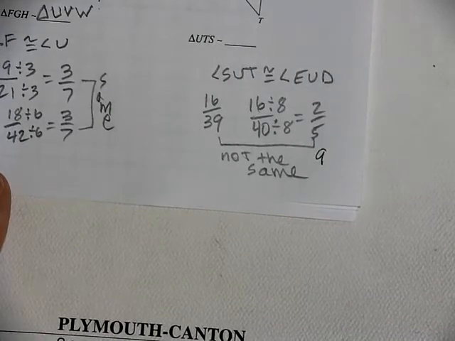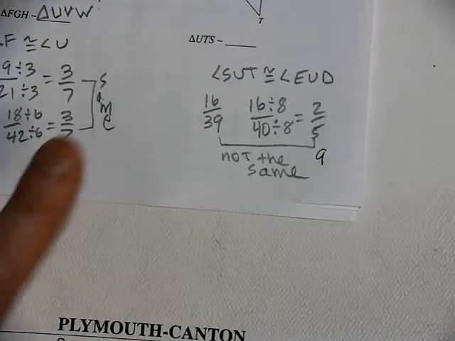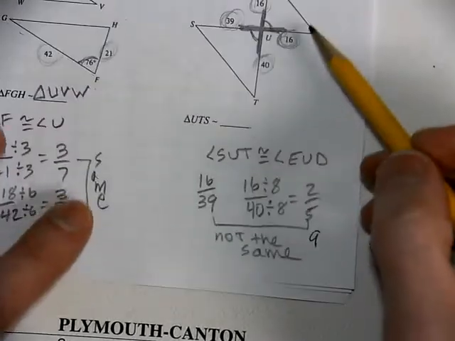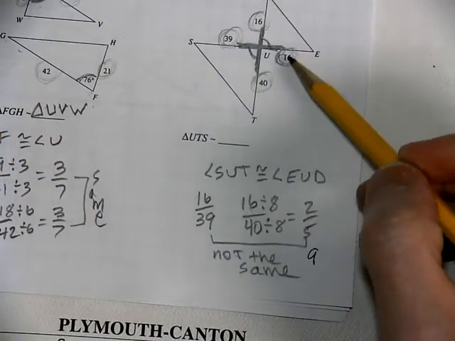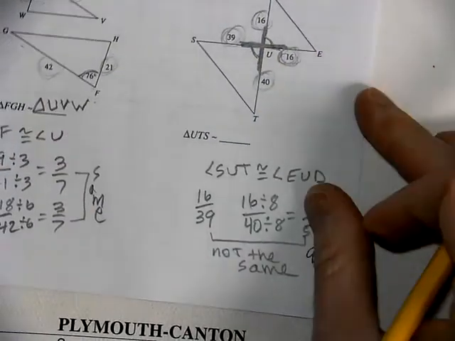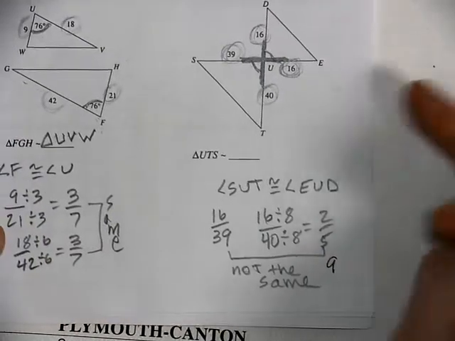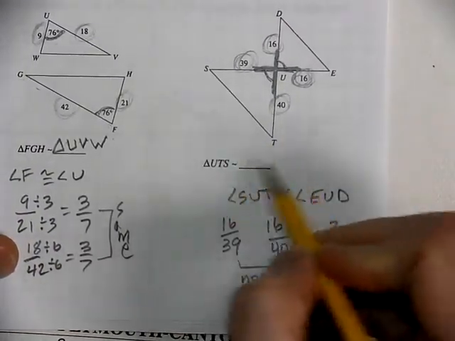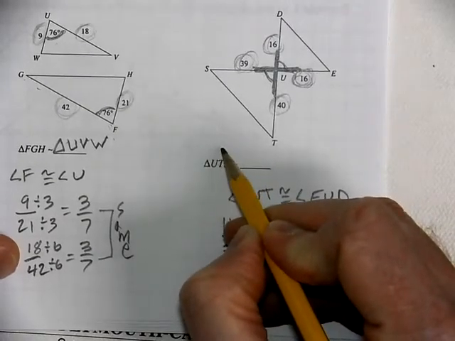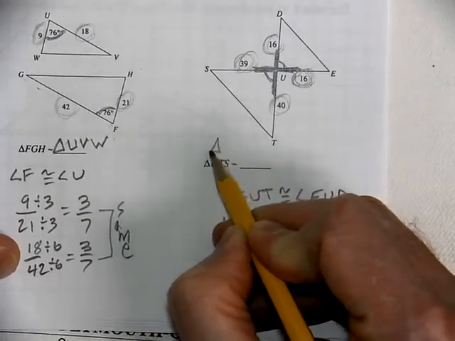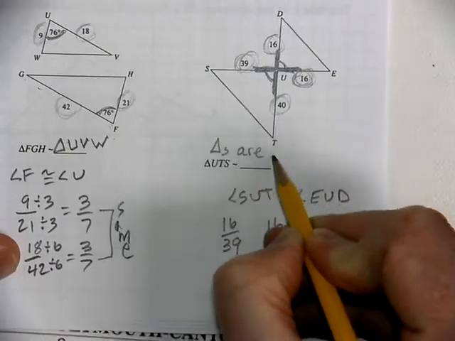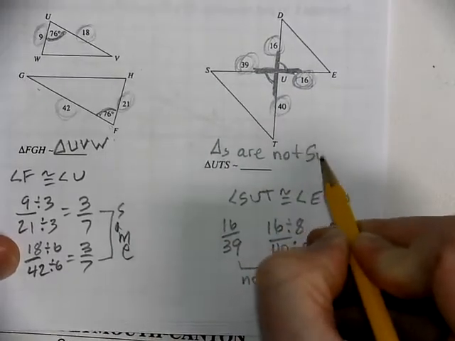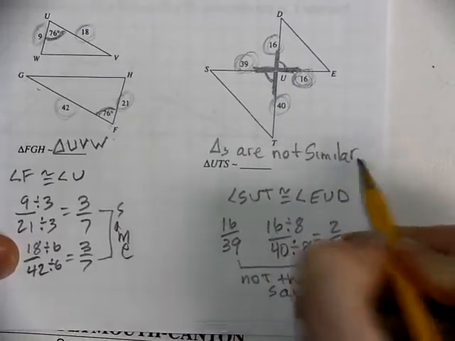I do have a pair of angles that are congruent, but I do not have proportional sides. The small triangle did not grow into the large triangle evenly for both sides. It was close, but not quite. So the triangles are not similar.